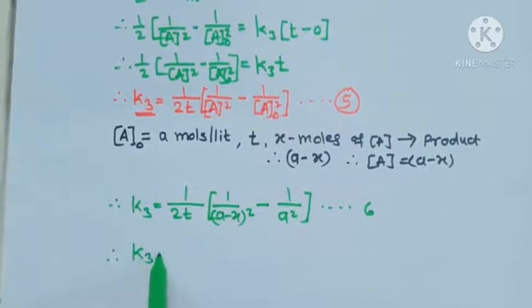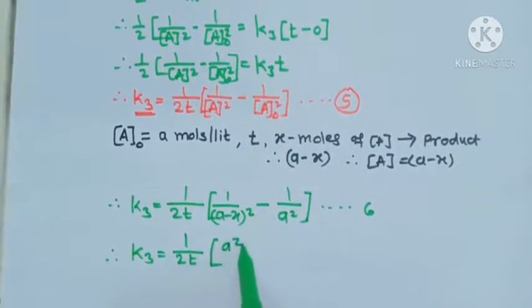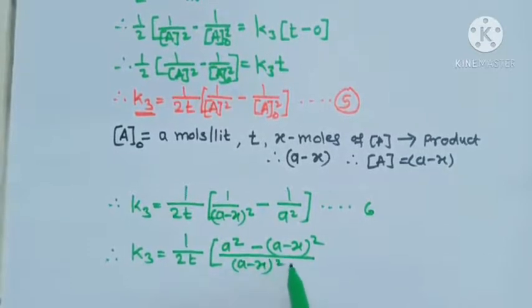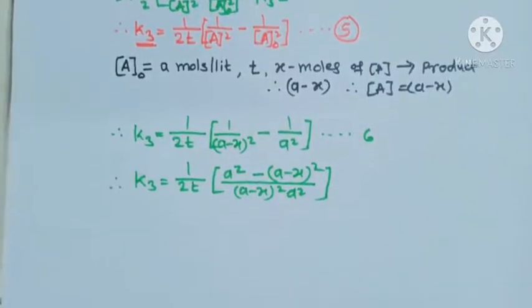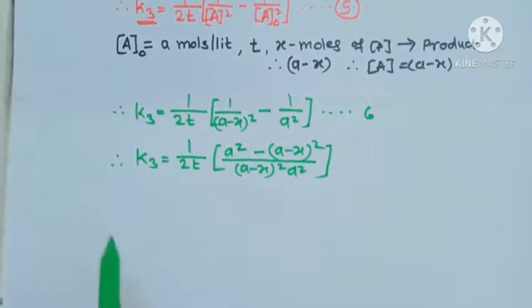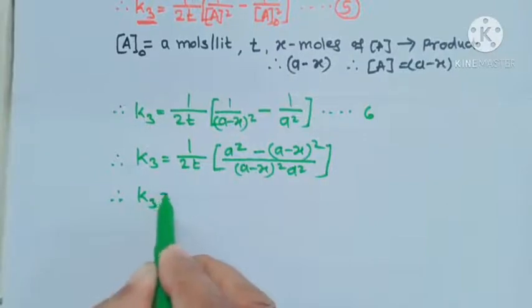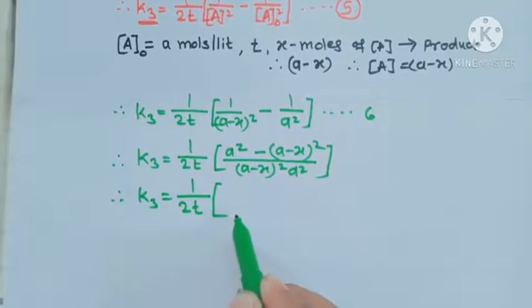Therefore, K3 is equal to 1 upon twice t multiplied by a square minus a minus x square upon a minus x square multiplied by a square. Okay, so we will solve further this equation.